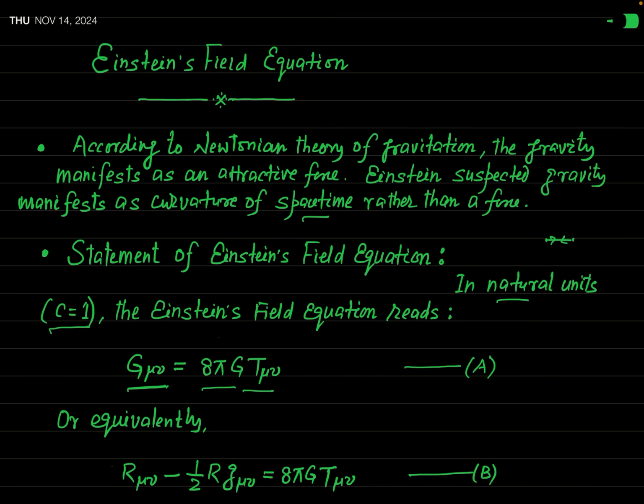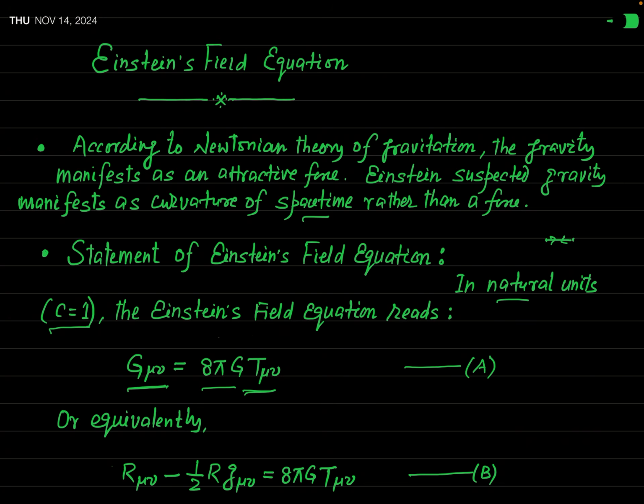Definitely you have recalled it. This is simply the Einstein tensor. Okay? And what is this T mu nu? You have just studied this T mu nu in my previous video. This is simply the energy momentum tensor, or you also call it the stress energy tensor.